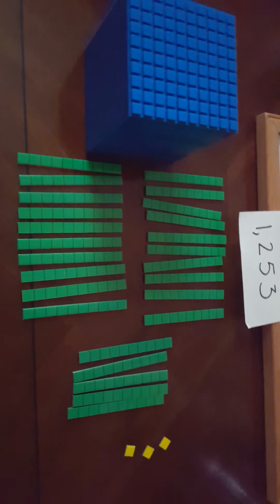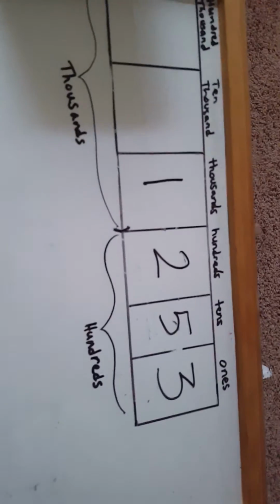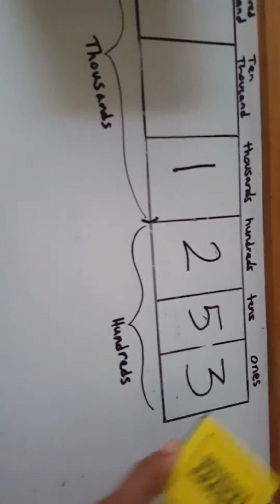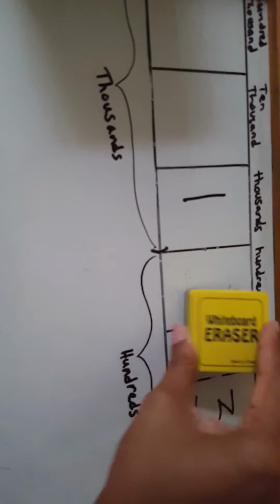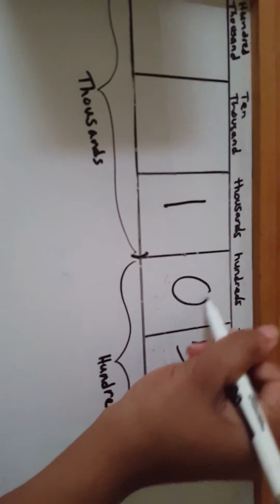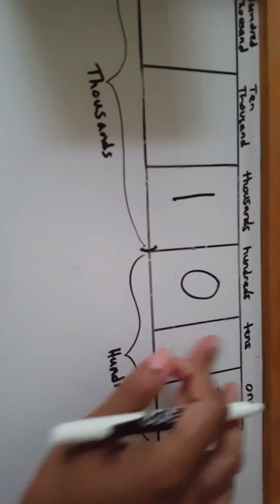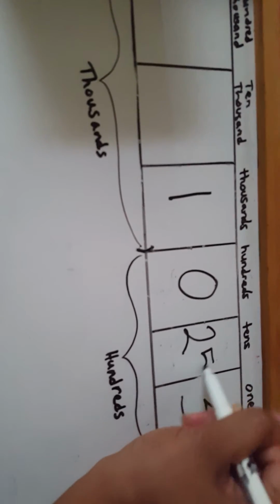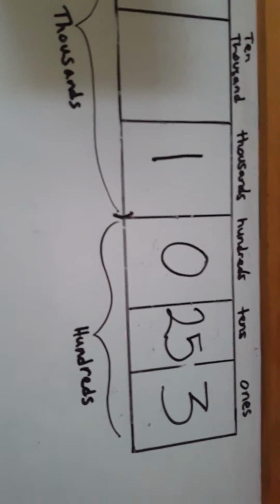So let's go ahead and put that in our chart. Now we have 1,000, 0 hundreds, and now we have 25 tens and 3 ones.